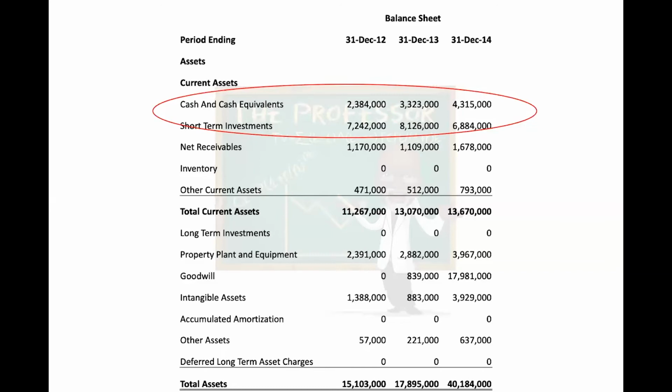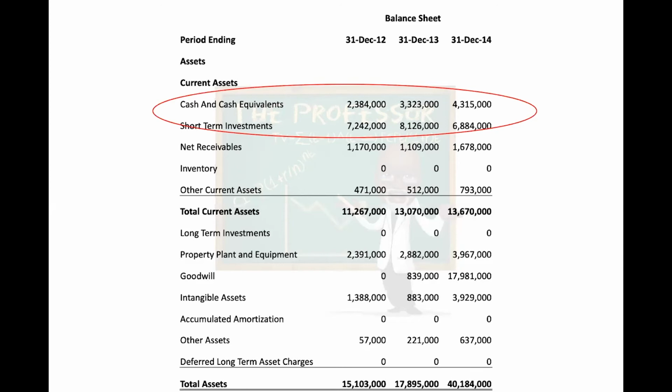Now you'll see that they have cash and cash equivalents, but underneath that is short-term investments. Short-term investments are a non-operating asset. This is where the corporation is just taking excess cash that they have and putting it into some type of short-term investment because they don't need the money right at this moment, but they are trying to earn interest on that money until they need it.